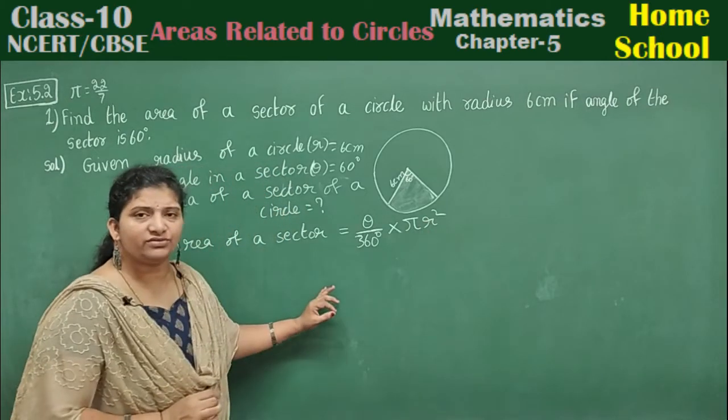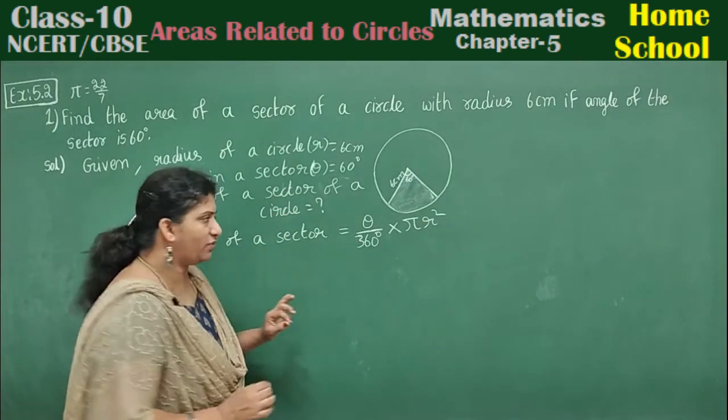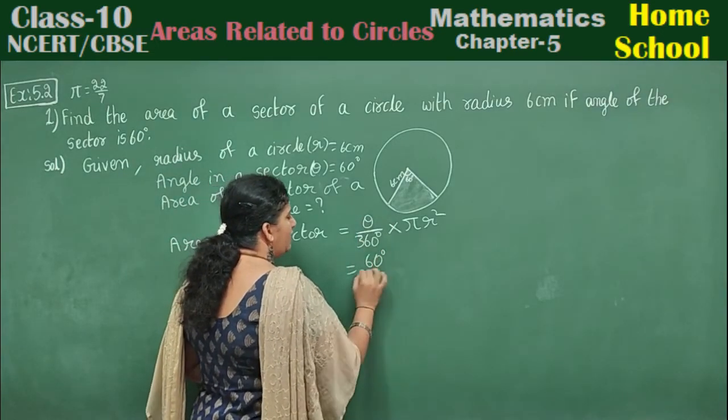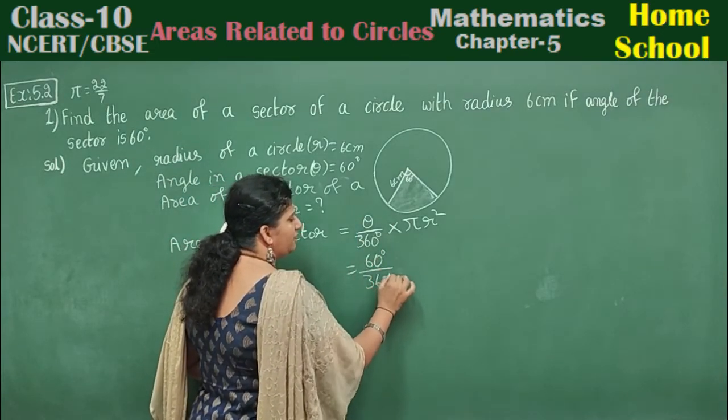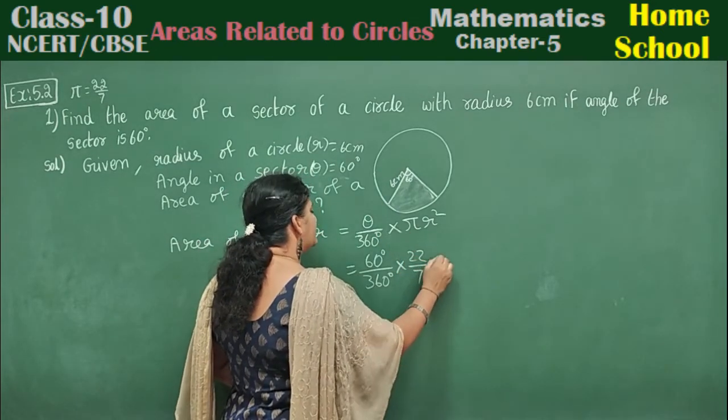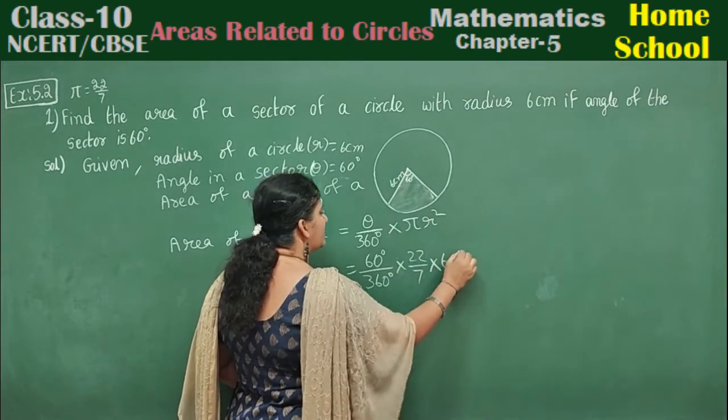Okay, theta by 360 degrees into pi r square. Substitute the values. Theta value is 60 degrees by 360 degrees into pi value, what is given? 22 by 7. R value is 6.